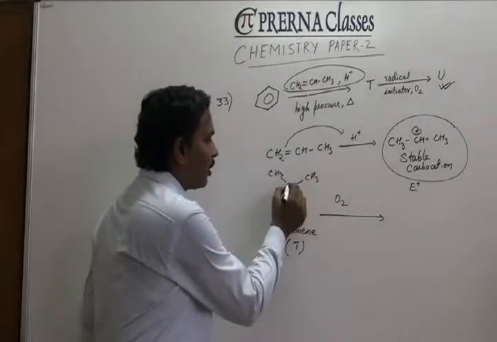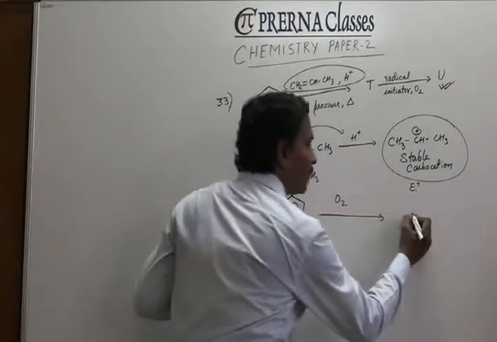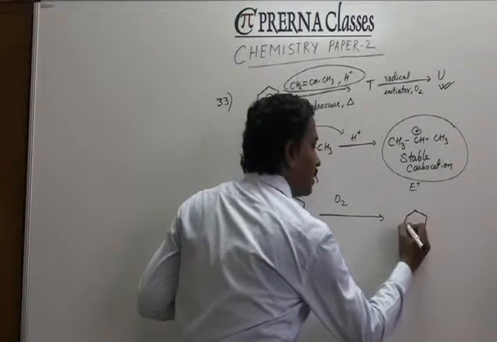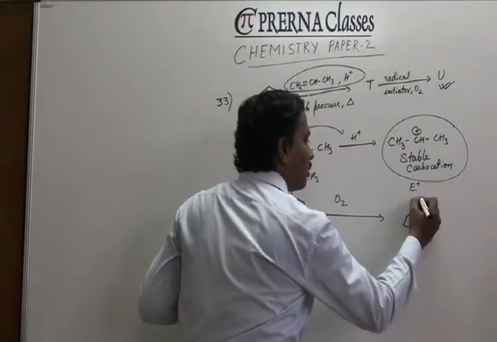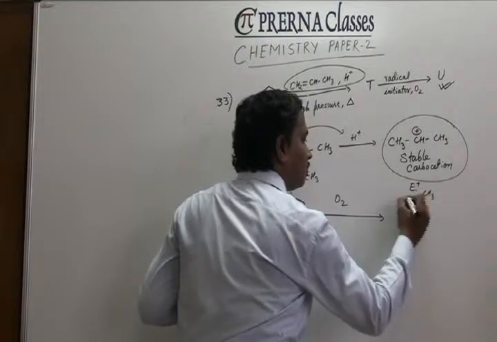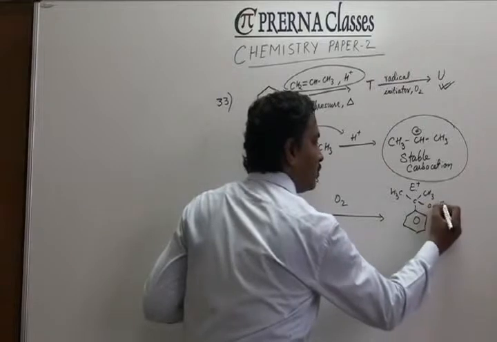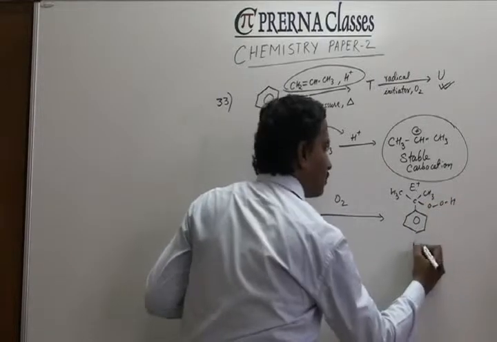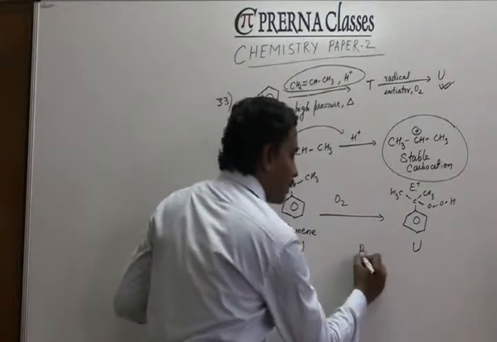Its function is that oxygen will be attached in between carbon and hydrogen. So the end product, that is U, is this. Therefore the answer is option D.